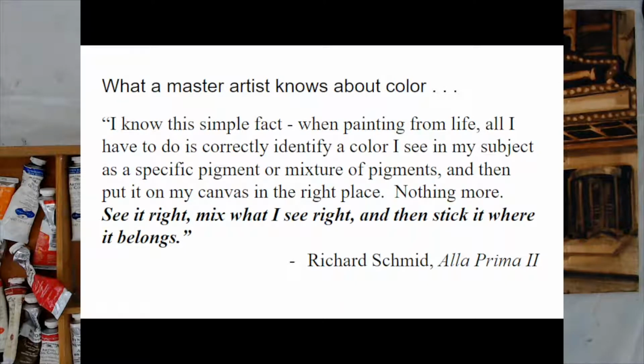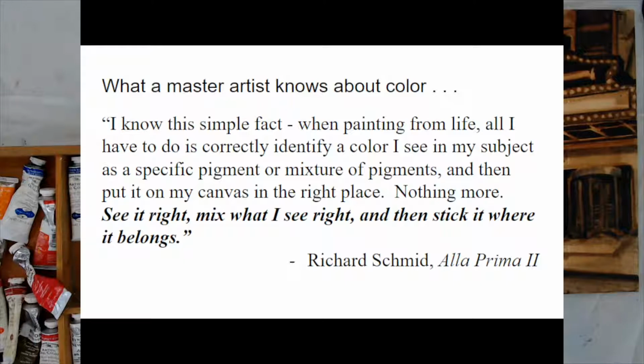And the more you paint and the more you observe nature, you will start to find yourself looking at a beautiful sunset and saying, "Oh, what colors can I mix together to get that beautiful sunset?"